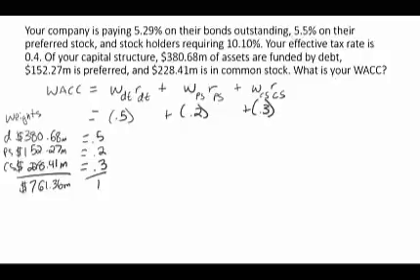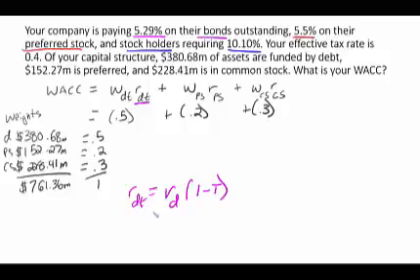Okay, then we also have a couple other things here. We have given to us this 5.5% on preferred stock, the 10.1% on stockholders, and we also have the 5.29% on bonds. Now, in order to put the bond factor into here, we may have to make an adjustment, which is the rate on debt multiplied by 1 minus T. We only make the adjustment for taxes because we only get a tax write-off when we pay interest.